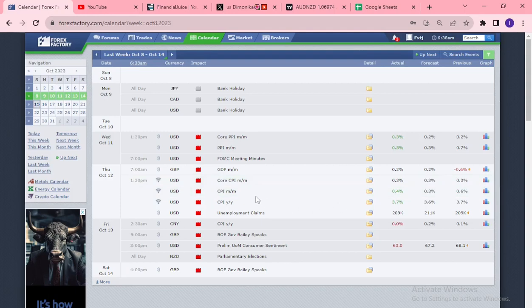You can see the month on month, or the headline, they normally call it the headline CPI, came out higher than expected. The CPI year on year headline also came out higher. So this is the driver of the Euro USD that also assisted our entry downward.